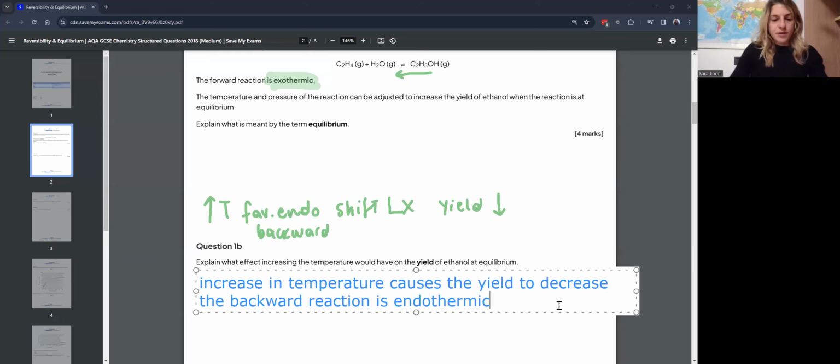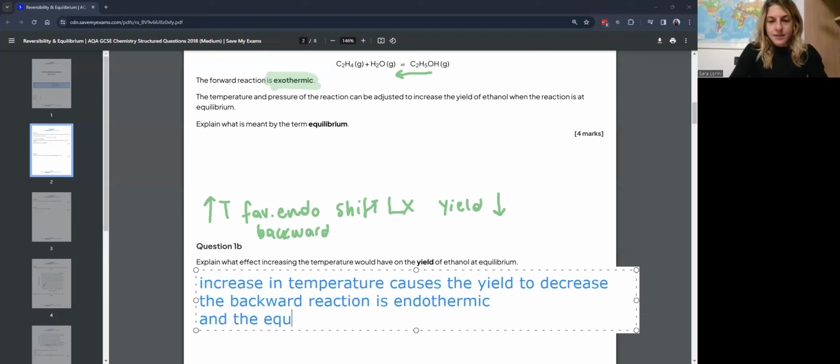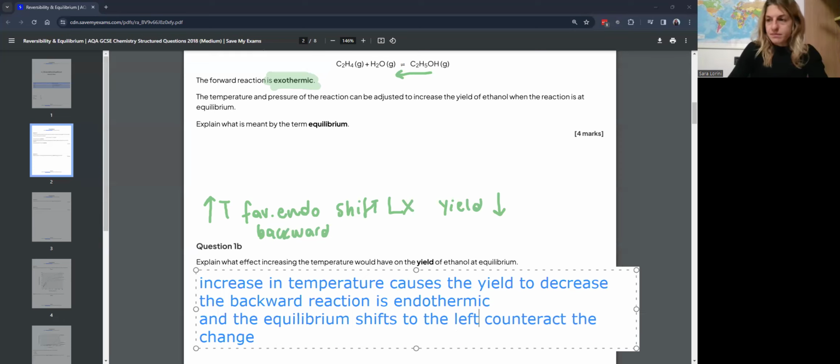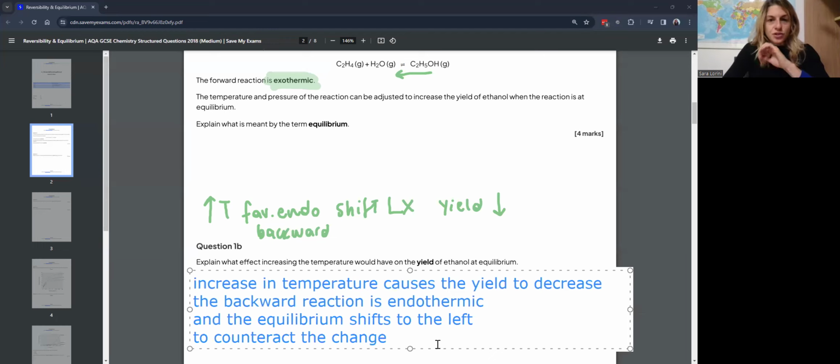The backward reaction is endothermic, and the equilibrium shifts to counteract the change. Shifts to the left is the 3rd mark. To counteract the change is the 4th mark. If you instead mention to counteract the change or according to Le Chatelier's principle, that would be the equal mark.